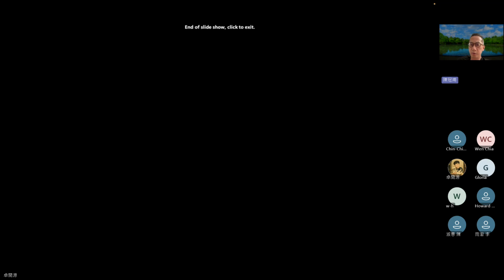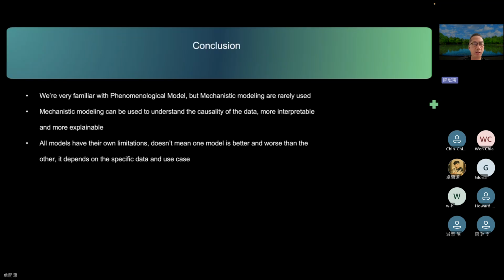And then I just want to address your comments, the phenomenological model versus the mechanistic model, because although we are aware of these models, they tend to be simplified phenomena we observe from real world data.